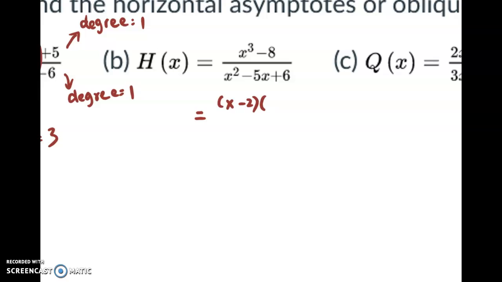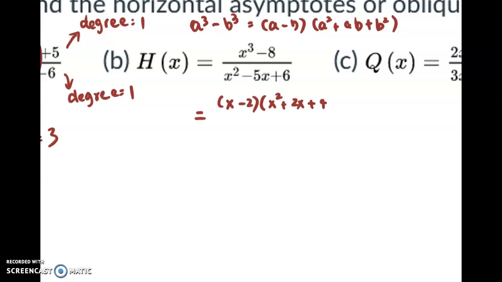If you have a cubed minus b cubed, the formula is a minus b times a squared plus ab plus b squared. So this is x minus 2 times x squared plus 2x plus 4. Now factor the bottom, just a regular trinomial, so x minus 3, x minus 2, right?